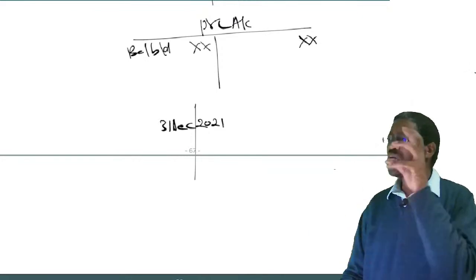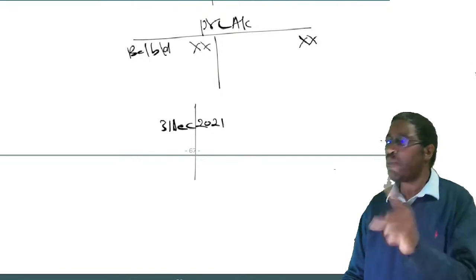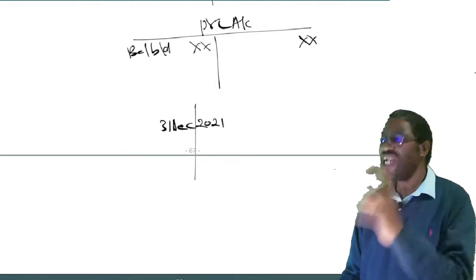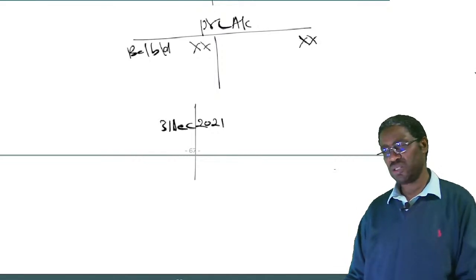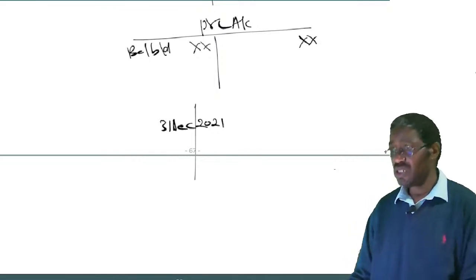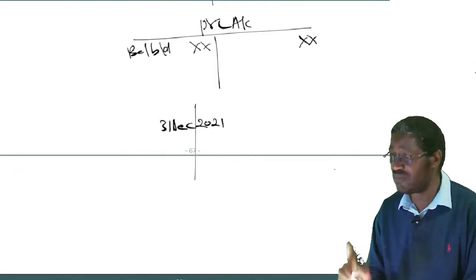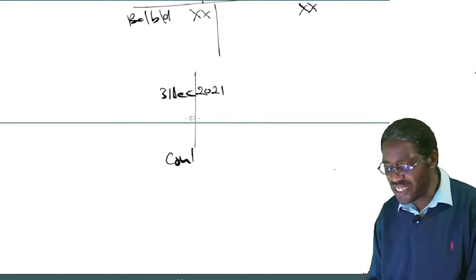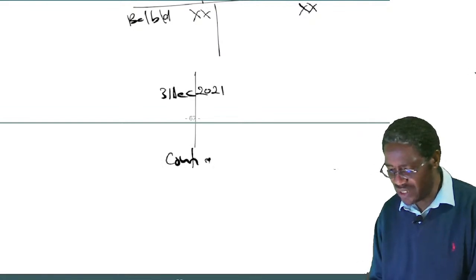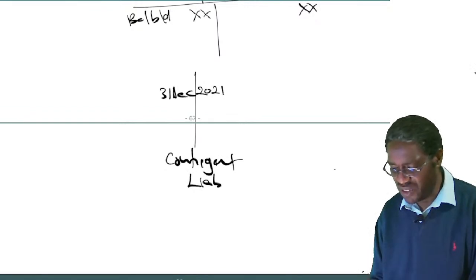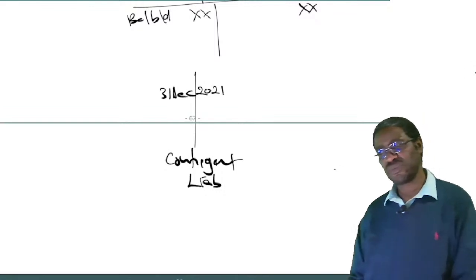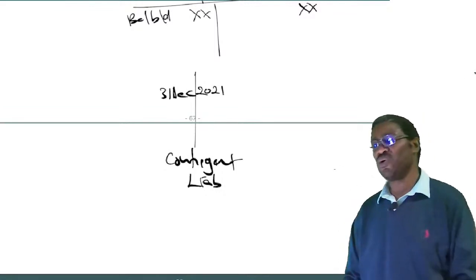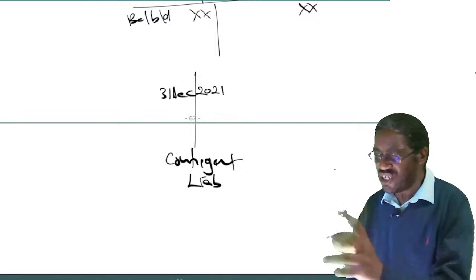Now, suppose in the process of collecting that information, you realize that by 31st of December 2021, this company had a contingent liability. Of course, at this level, this is not a new term to you.